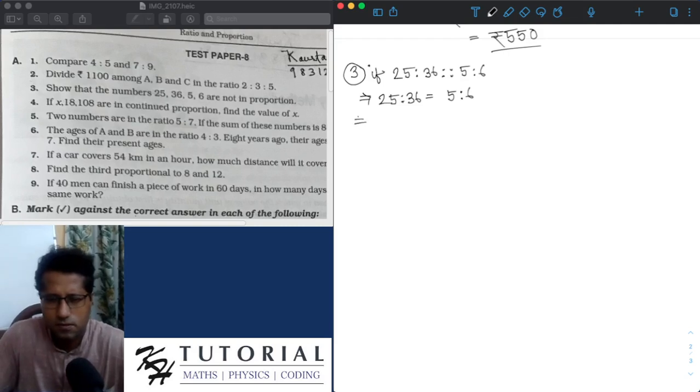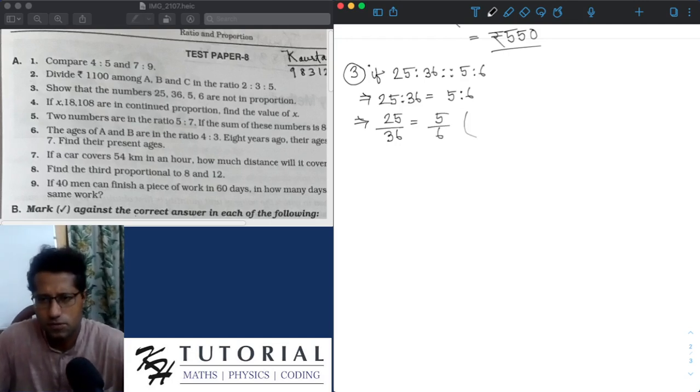This implies that 25 by 36 will be equal to 5 by 6, and we can clearly see this is a false statement, as 25 by 36 is not equal to 5 by 6.